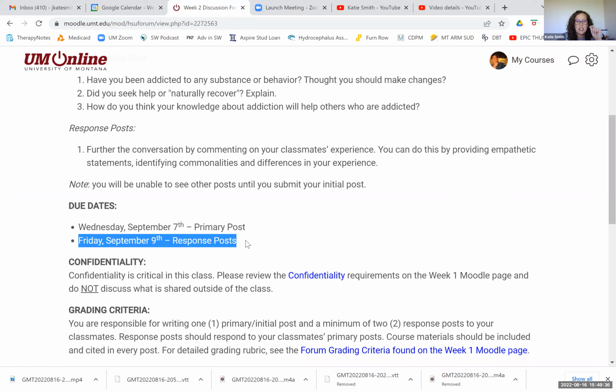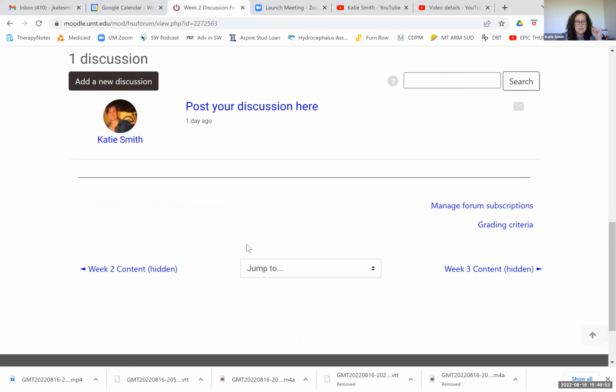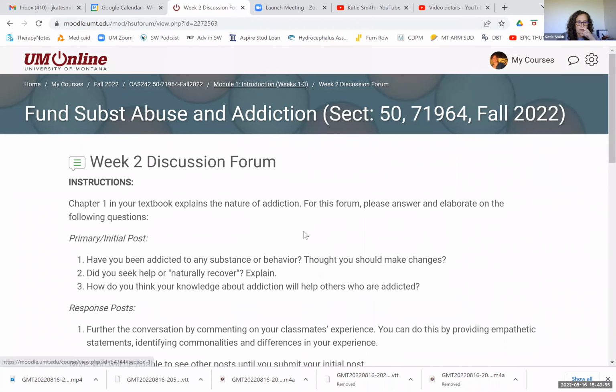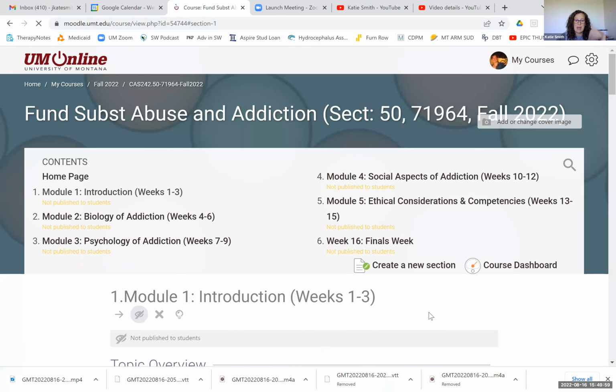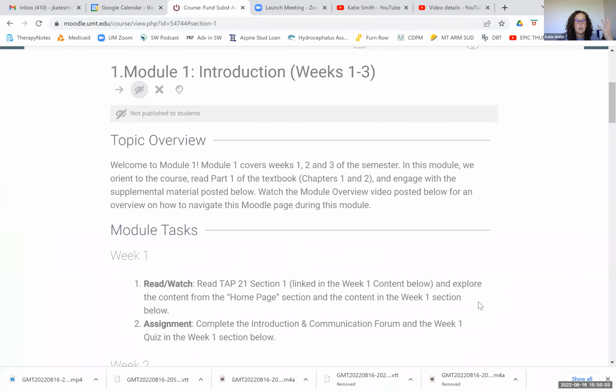So you need to pay attention that discussion forums have 2 due dates, and you're responsible for participating in the forum multiple times throughout the week, writing a primary post and also a minimum of 2 response posts to your classmates. So that's really what module 1 is from a contextual point of view, where things are located and what we're doing.